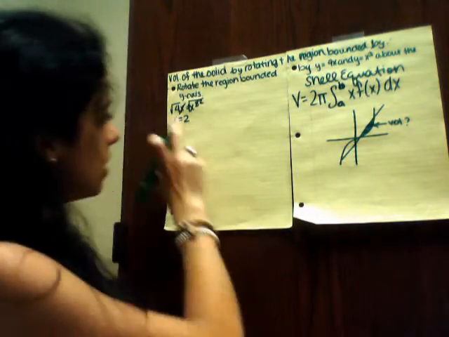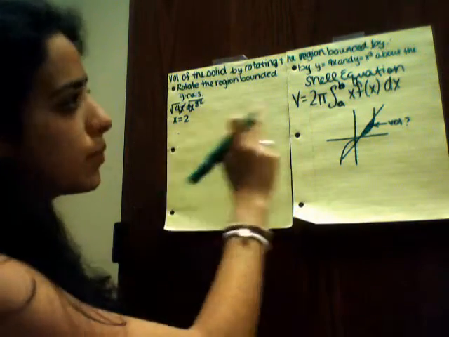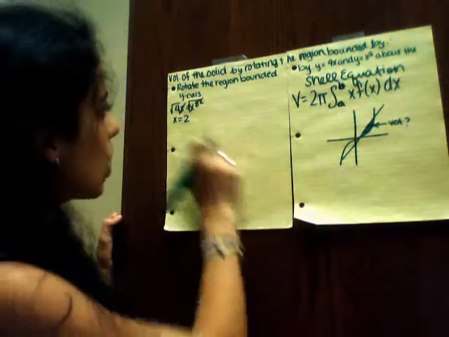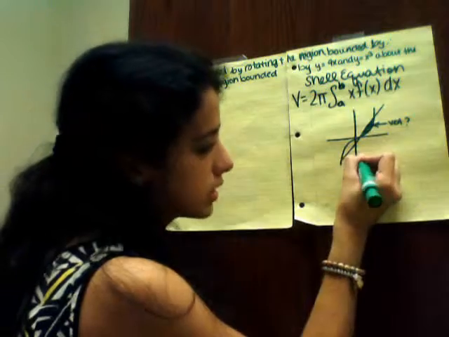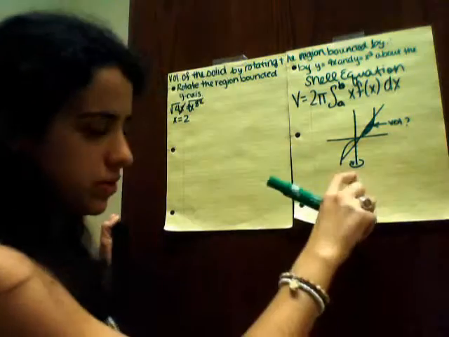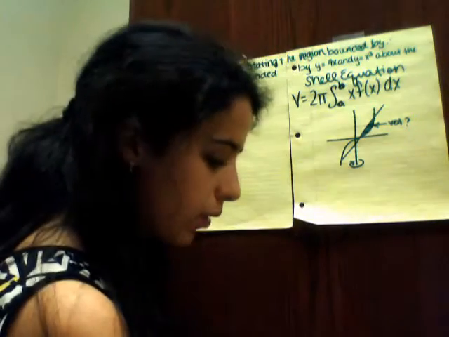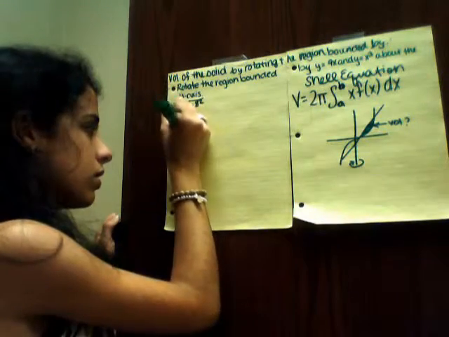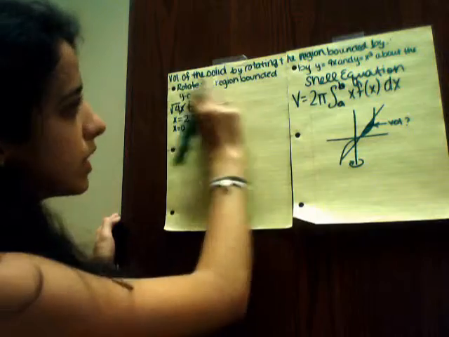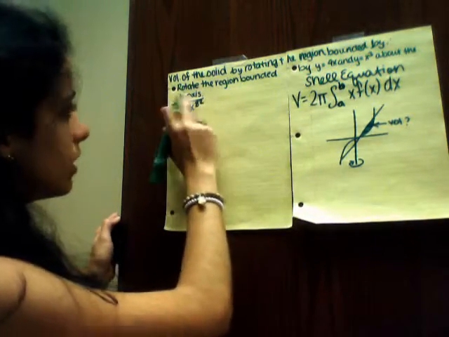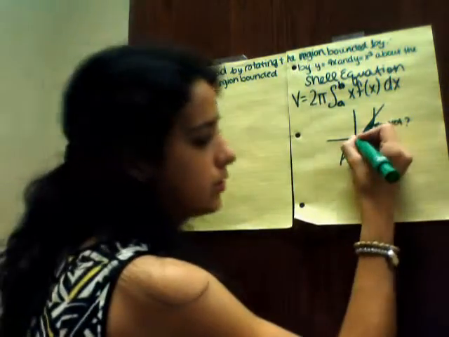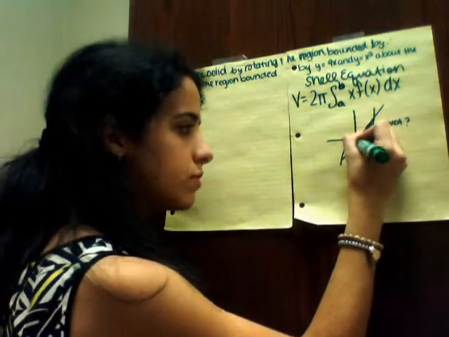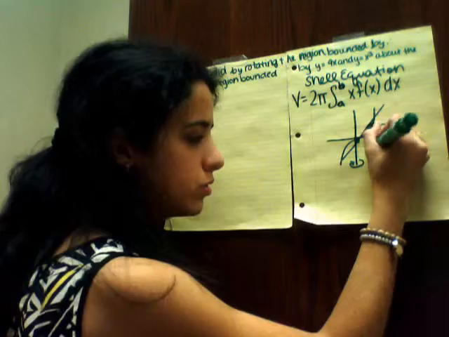Since it is rotating about the y-axis, the other bound is x equals 0. So we're going to be left with the limits from 0 to 2.